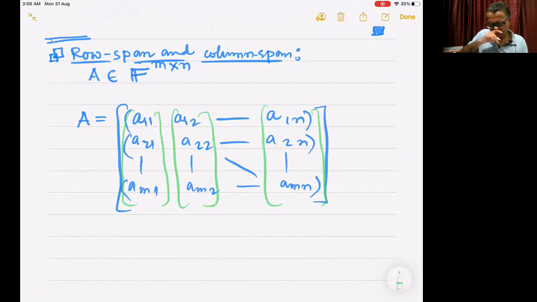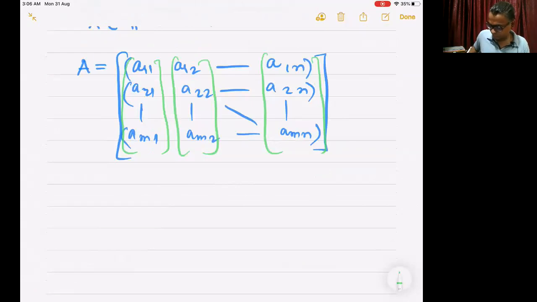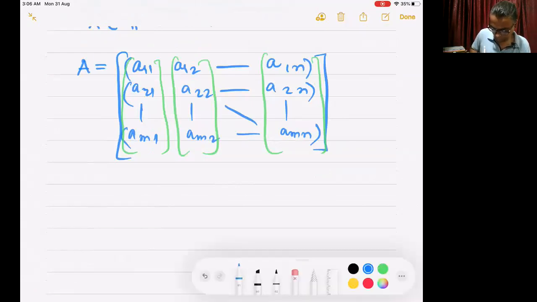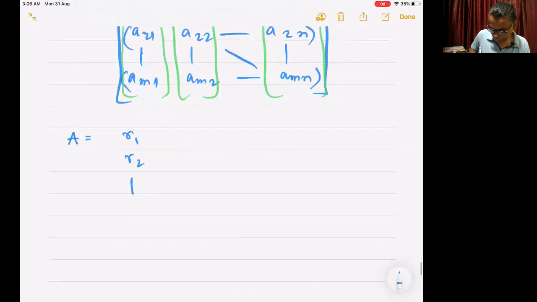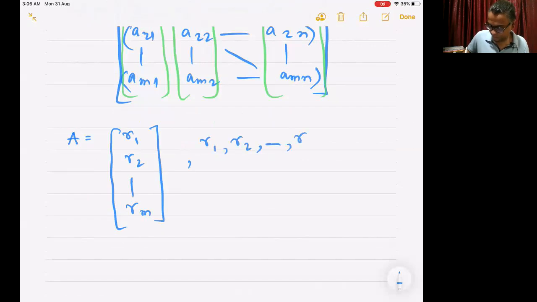So row wise, suppose I'm writing A as R1, R2, and so on up to Rm. How many rows are there? M number of rows are there. Each of these rows, R1, R2, up to Rm, remember, are elements of F1 cross N. So these are N-sized row vectors.